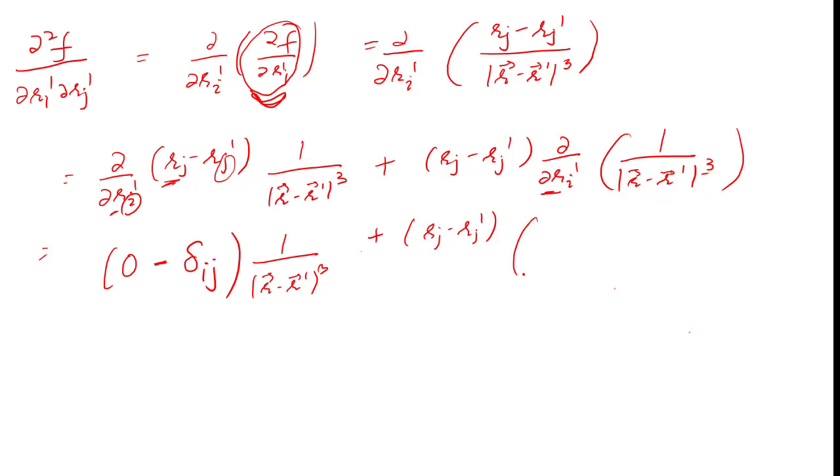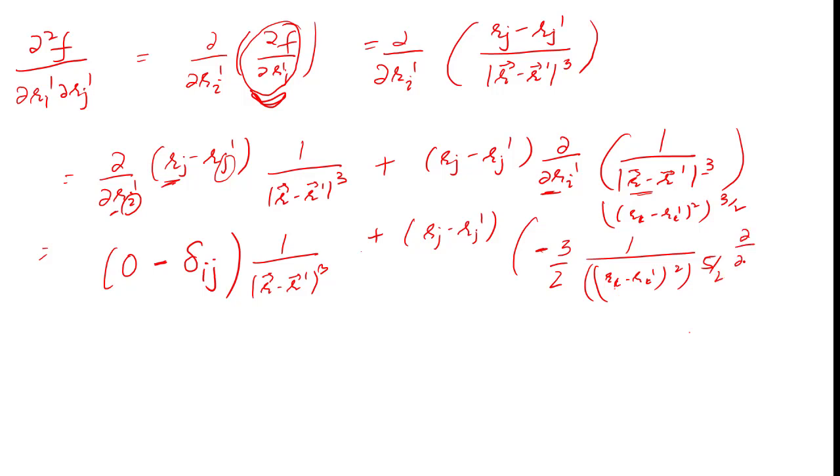So I would get, essentially, if I rewrite this as (rk − rk')² to the power 3/2, then I'm going to get minus 3/2, 1 by (rk − rk')² whole to the power 5/2, and then I have to do a derivative of (rk − rk')².